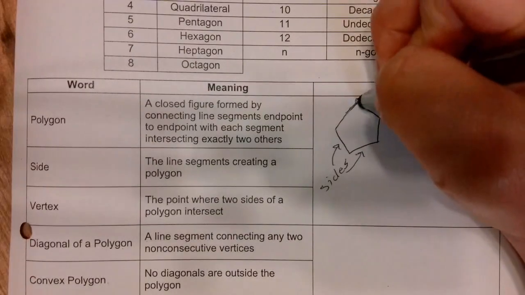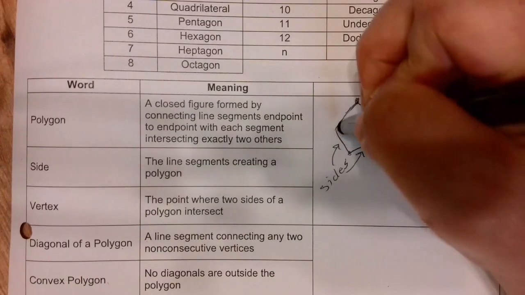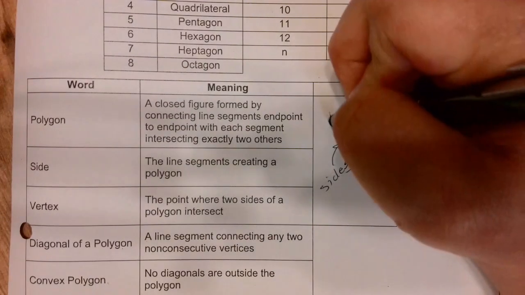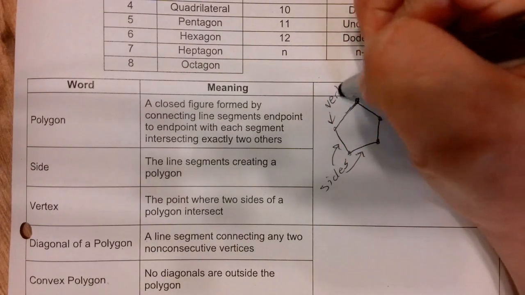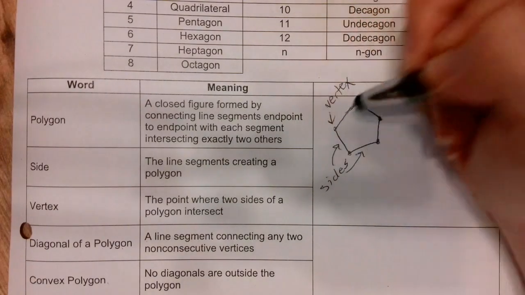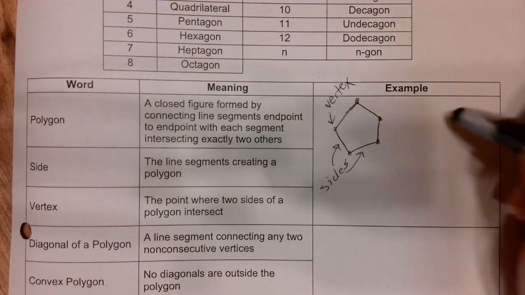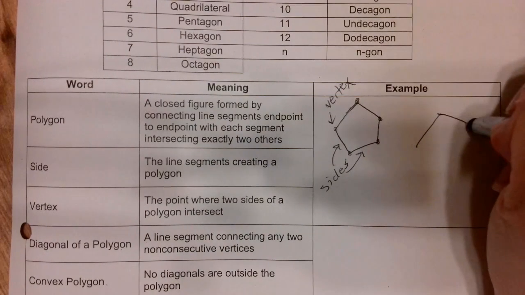And the points, or the corners, that's a vertex. Each one of those is a vertex. It has 5 vertices. So 1 vertex, 2 vertices. This is a polygon.